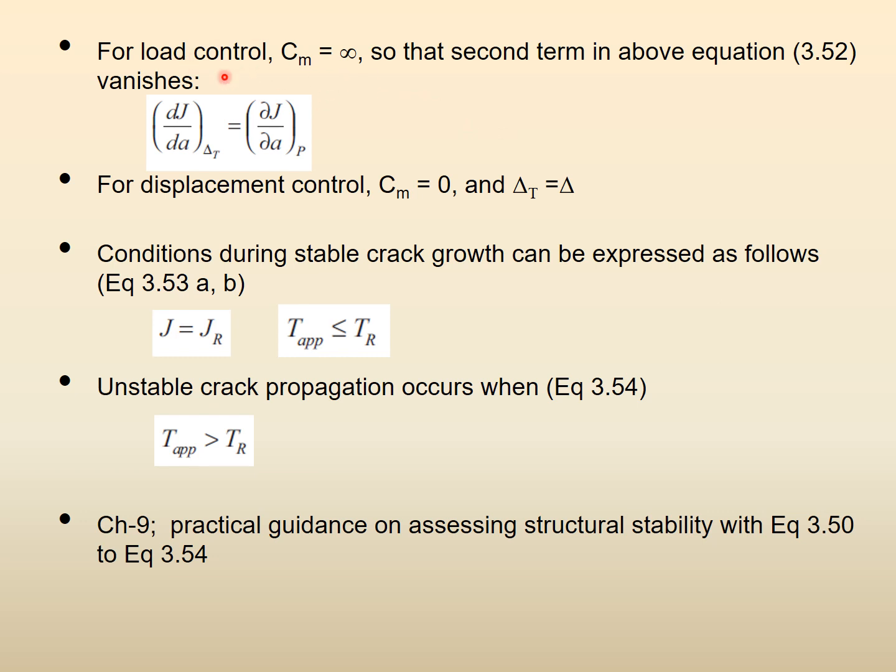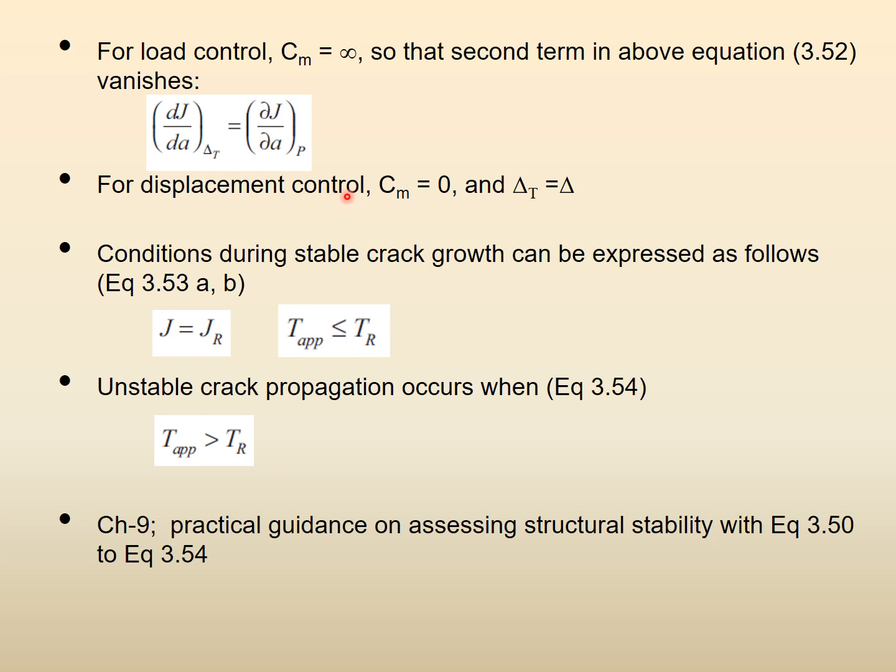You go back to that equation and you will see that if you put C_M equal to infinity, then the second term vanishes, because 1 upon infinity is 0. So dJ/dA for a given amount of delta T equals del J del A under load control.